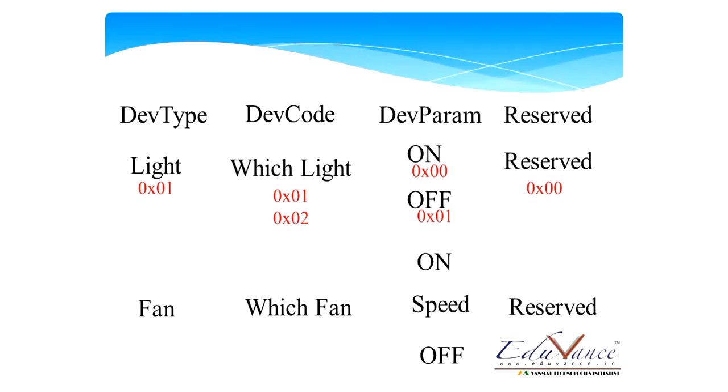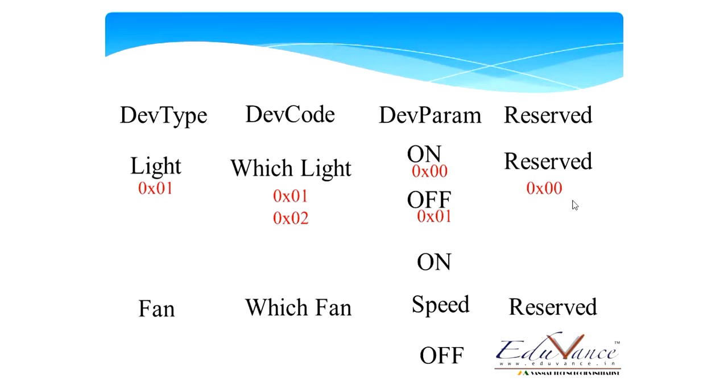If you want to turn on the second light, then you will say 0x01, 0x02, 0x00 and 0x00. This will turn on the second light. What if you want to turn off the first one? Then you will again send a code 0x01, 0x01, 0x01, 0x00.